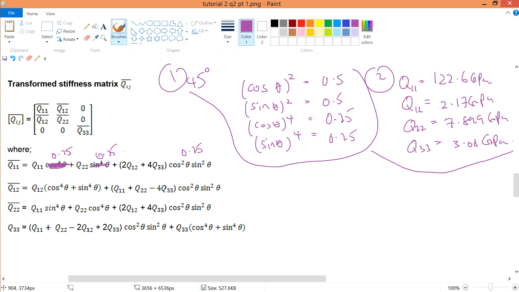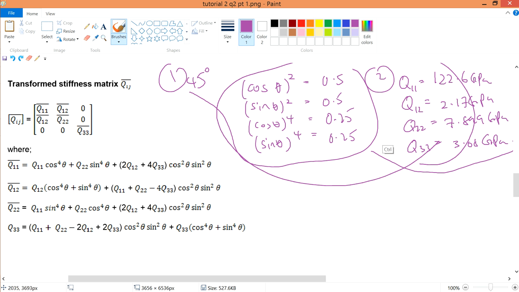As you can see, we have simplified the whole equation to a more simple one, and then you just multiply it because Q11 is just Q11, Q22 is just Q22, you just sub in already. Alright, I'll not go into details on the calculations, but at least up to this stage you get to see the efficiency of writing all this angle down. It helps you quite a fair bit when calculating things, and it's pretty easy.